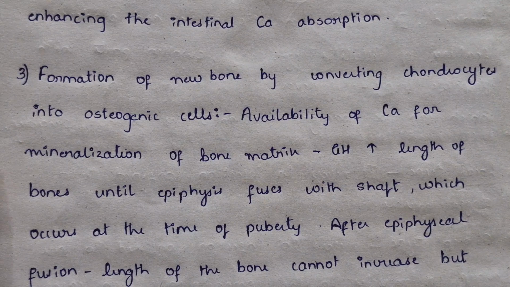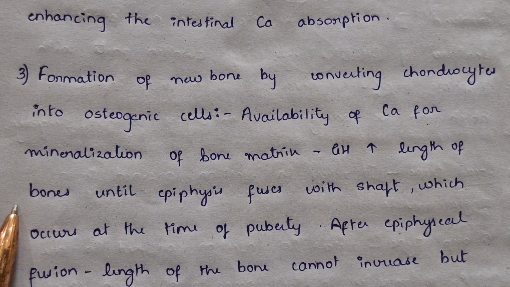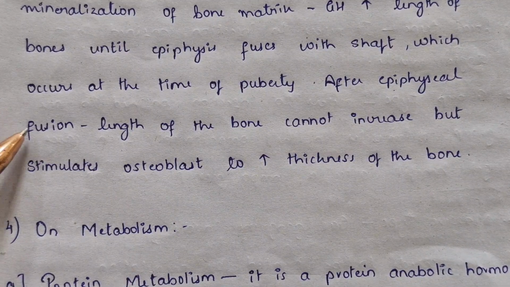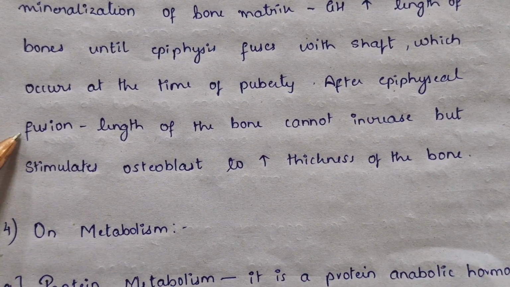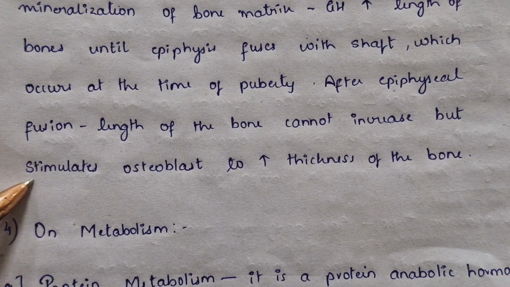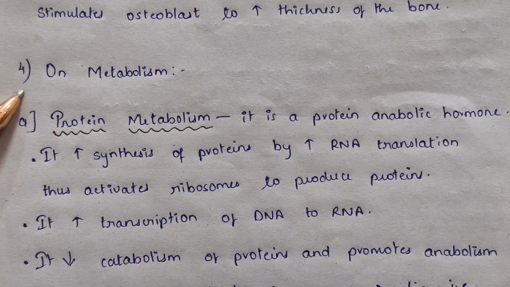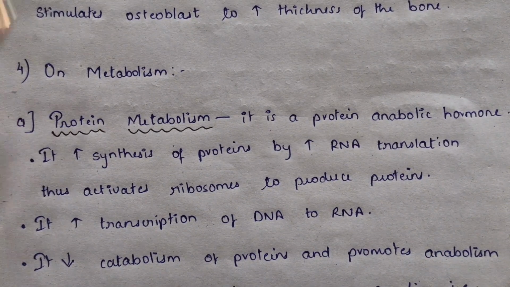Availability of calcium for mineralization of the bone matrix. The growth hormone increases the length of the bones until the epiphysis fuses with the shaft, which occurs at the time of puberty. After epiphyseal fusion, the length of the bone cannot increase but it stimulates osteoblasts to increase the thickness of the bone. The fourth action is on metabolism.